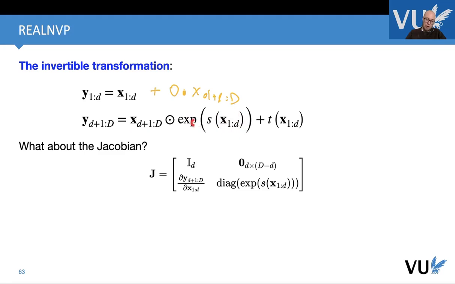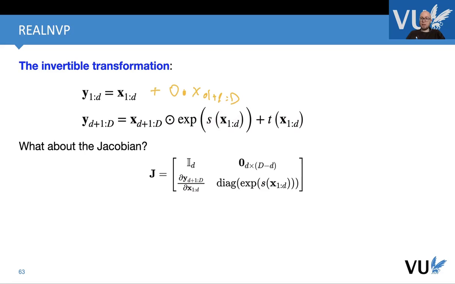And this is pretty complicated because this is an arbitrary neural network. So it will be a rather complicated matrix of derivatives, but we don't care about it, because for the second part, where we calculate with respect to x d plus 1 to d, we will simply be left with exp of this neural network inside.